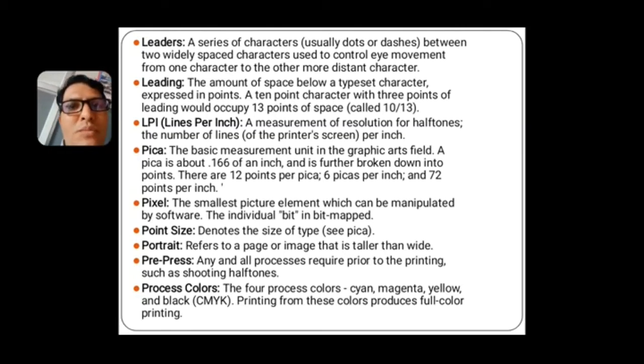So one primary color set is RGB and the other is CMYK. So printing from these colors produces full color printing. Even if you are using good color printers, we are going to be using CMYK colors. Color printers use these combinations of colors.